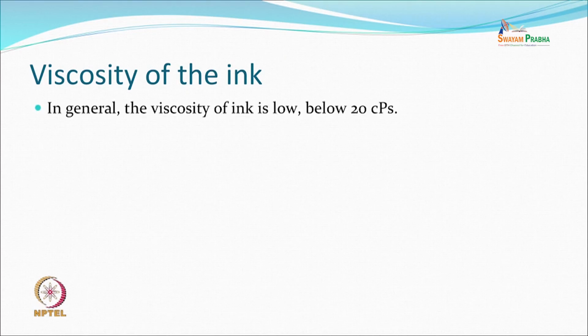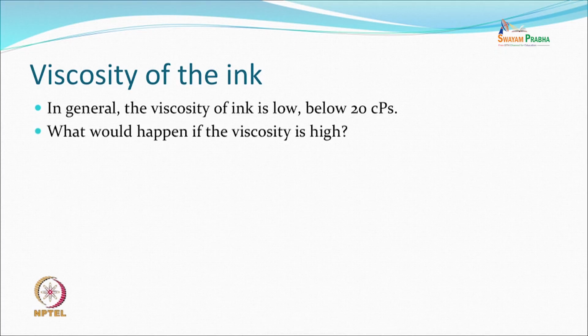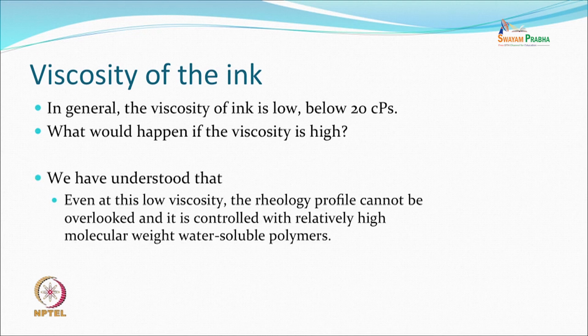So, we again revise that the viscosity is generally low, around 20 cP. We also understand that if viscosity is too high, clogging and other things can happen. And we also understood that even at this low viscosity, the rheology profile cannot be ignored, and it is controlled with relatively high molecular weight water soluble polymers.